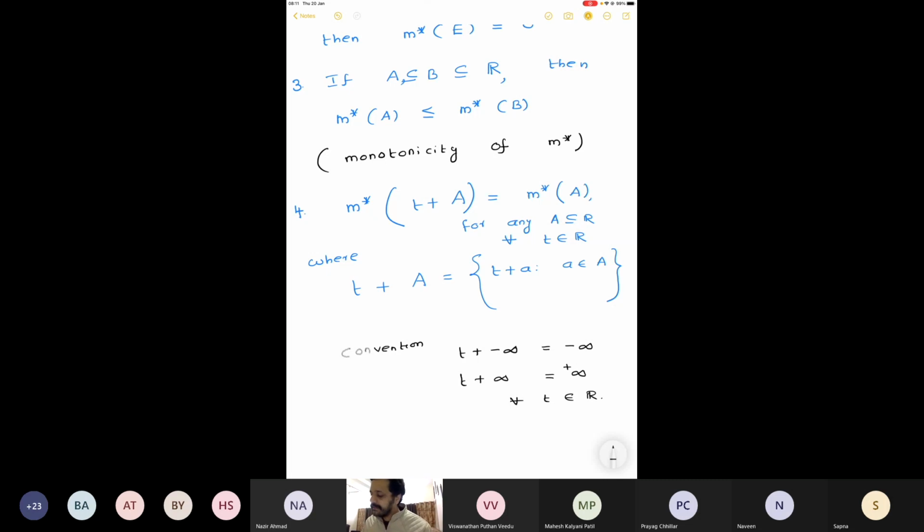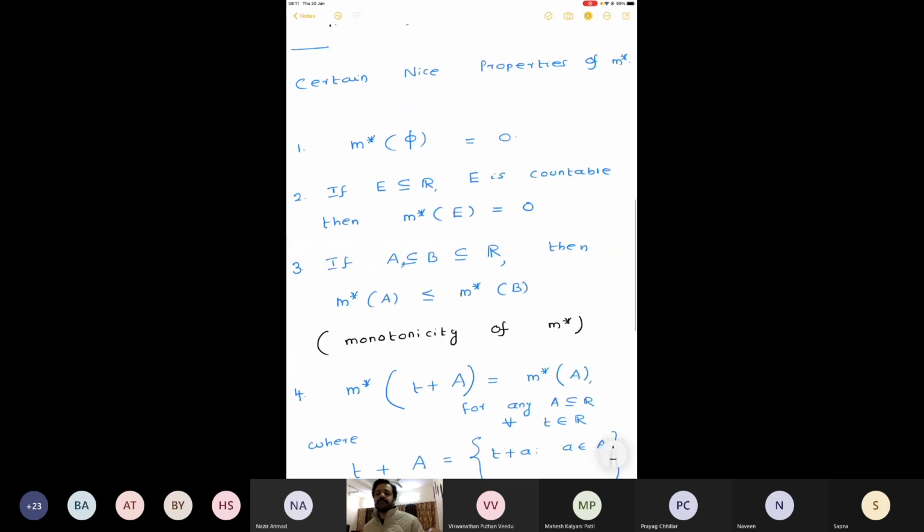So this convention you can keep in mind. Therefore, even if A is not a subset of R, but it is like intervals of infinite length, something like 0 to infinity, infinity included, then also you can talk about t plus A, with this convention in mind.